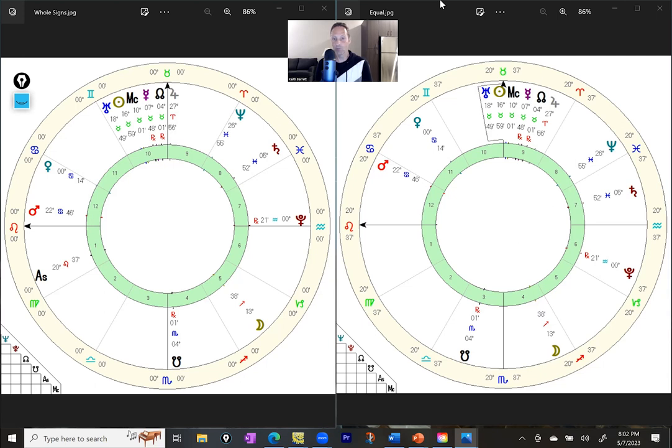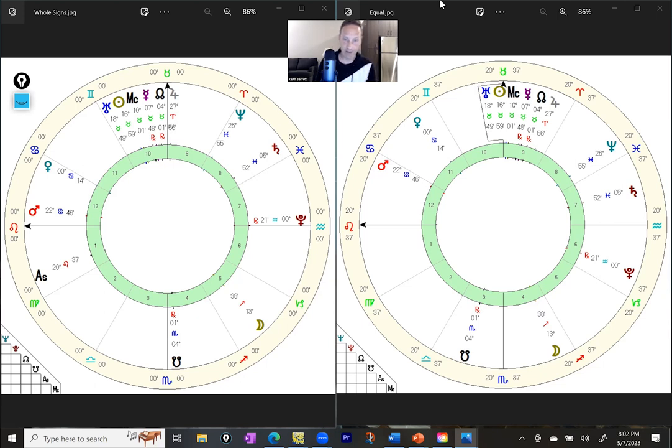And then this last one that I was covering is equal houses, which is similar to whole signs, but in the equal house system, it does take into account that ascendant and the degree the ascendant is at. So if you look on this right-hand chart, on the ascendant, where the sign of Leo is, it's at 20 degrees, 37 minutes, right?